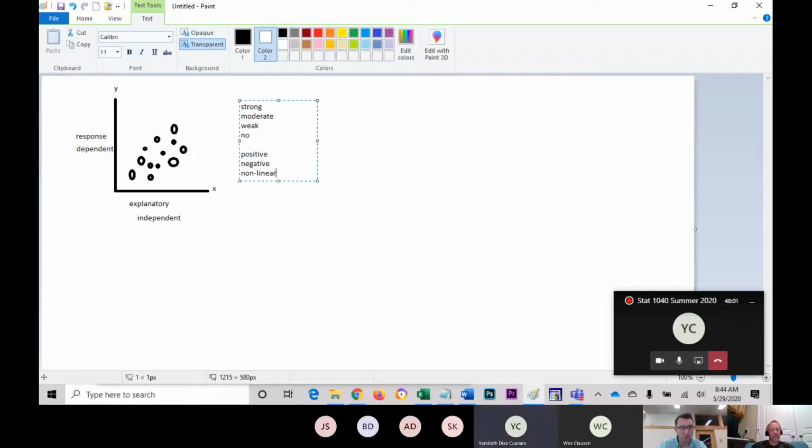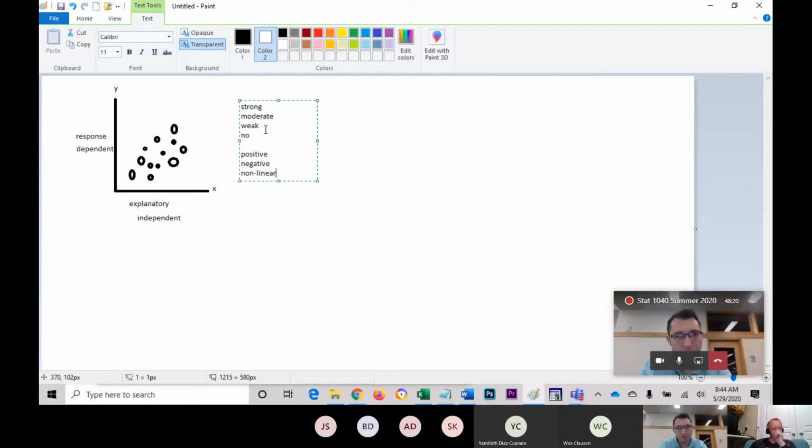I think it's weak. Weak, okay. Anybody else? Well, I would say probably moderate and positive. Yeah, I'd probably go with that too.